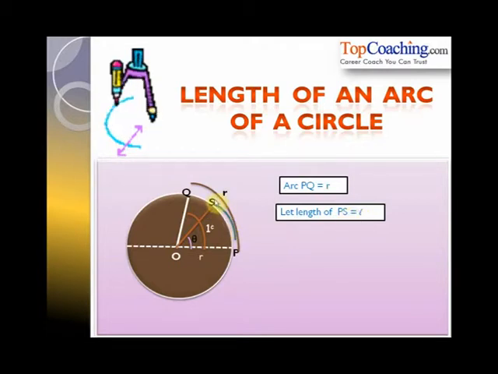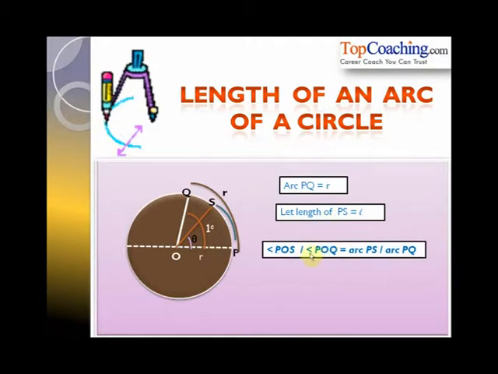Now, angle POS divided by angle POQ would be equal to the length of arc PS divided by the length of arc PQ. So the ratio of the length of PS to the length of PQ would be equal to the ratio of angle POS, the angle which this arc subtends at the center, to angle POQ, which is this angle.